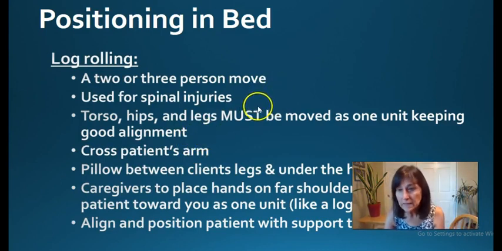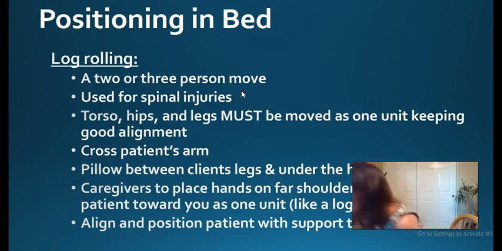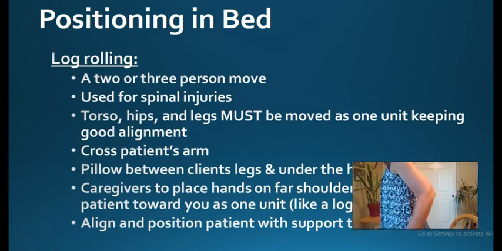Okay, log rolling. So let me highlight some things and then I'll show you in the book. It takes at least 2 people, sometimes 3 if the person is big. And it's used for spinal cord injuries, spine, right? And we don't want any twisting of the spine.